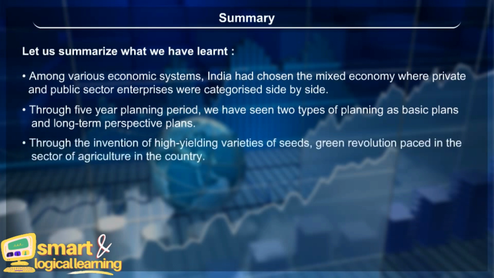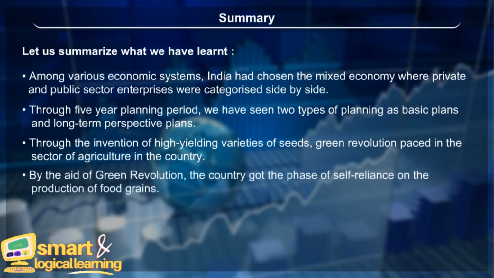Through the invention of high-yielding varieties of seeds, the Green Revolution paced agriculture in the country. With the aid of the Green Revolution, the country reached self-reliance in the production of food grains.